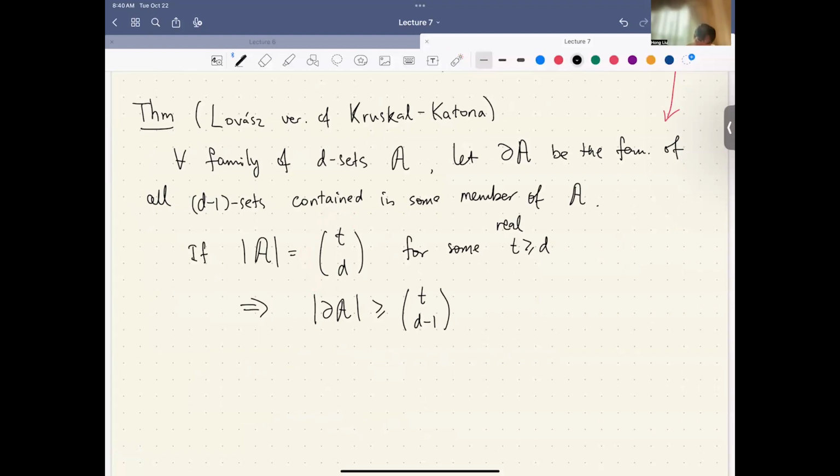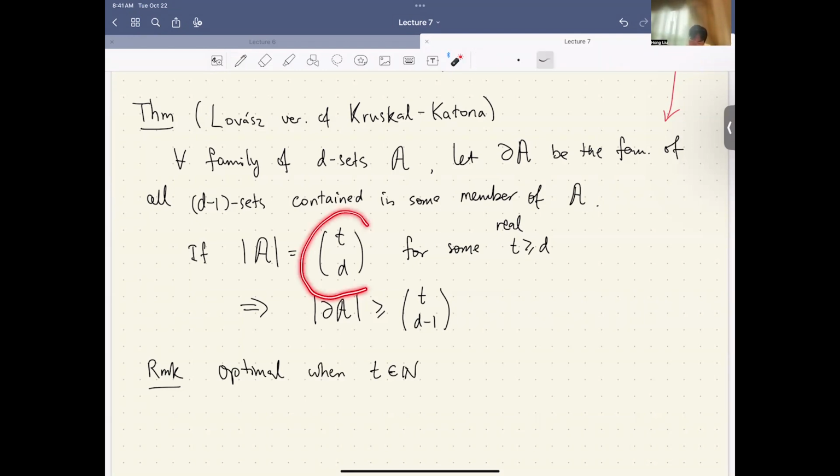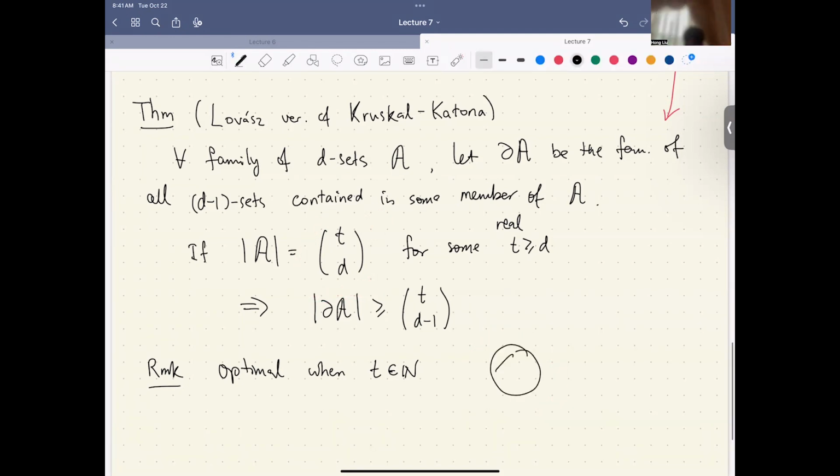Imagine, remark, optimal whenever T is a natural number, right? So when T is a natural number, the optimal example is basically you take all d-subsets of a ground set of size T, and all the other elements you don't care about.